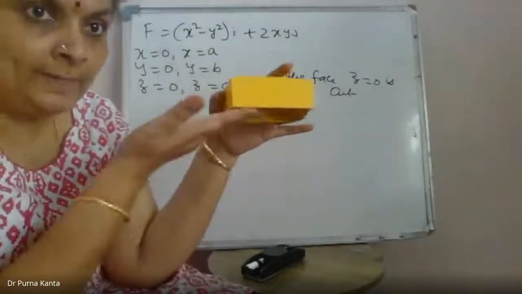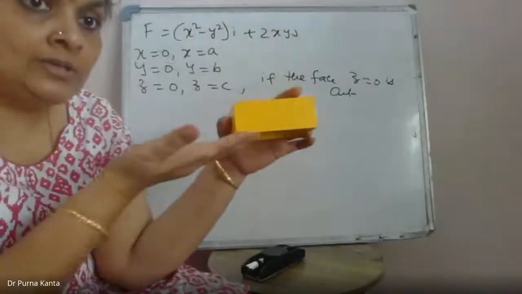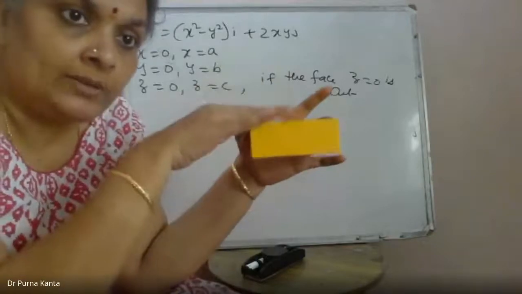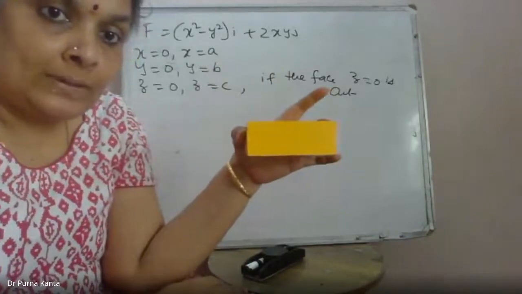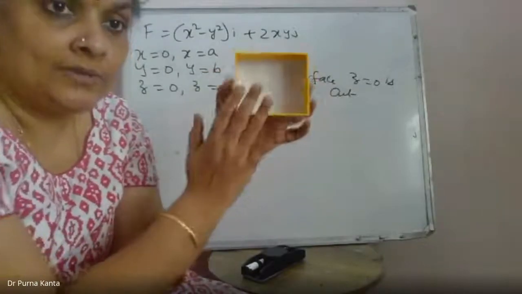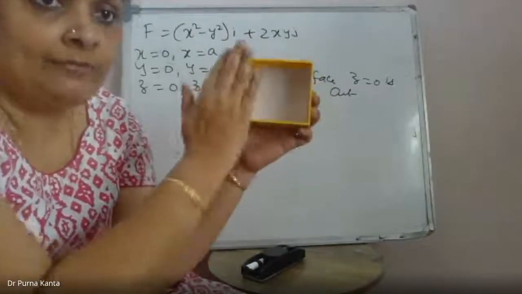Coming to the verification part, we take this box as it is, open, and take its projection on the xy plane. What will be the shadow on the xy plane? A rectangle. For that rectangle, it will have 4 sides, 4 lines.